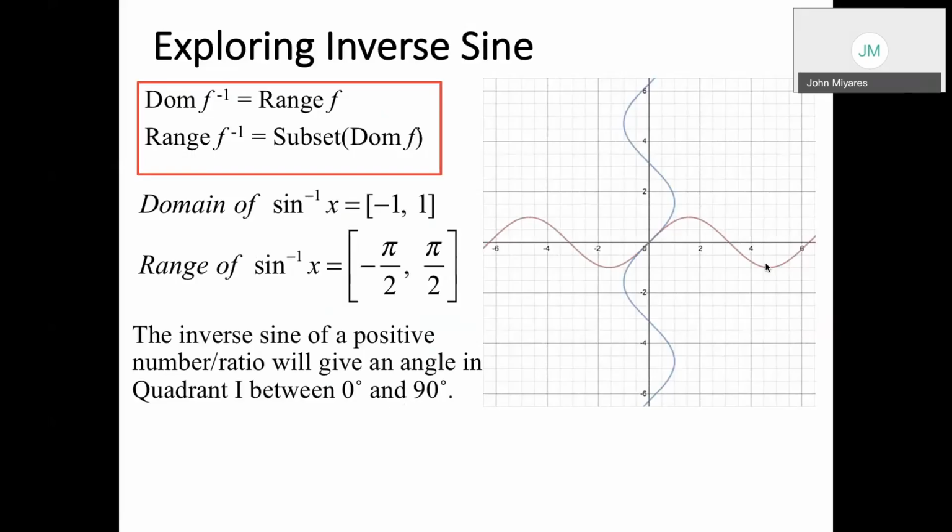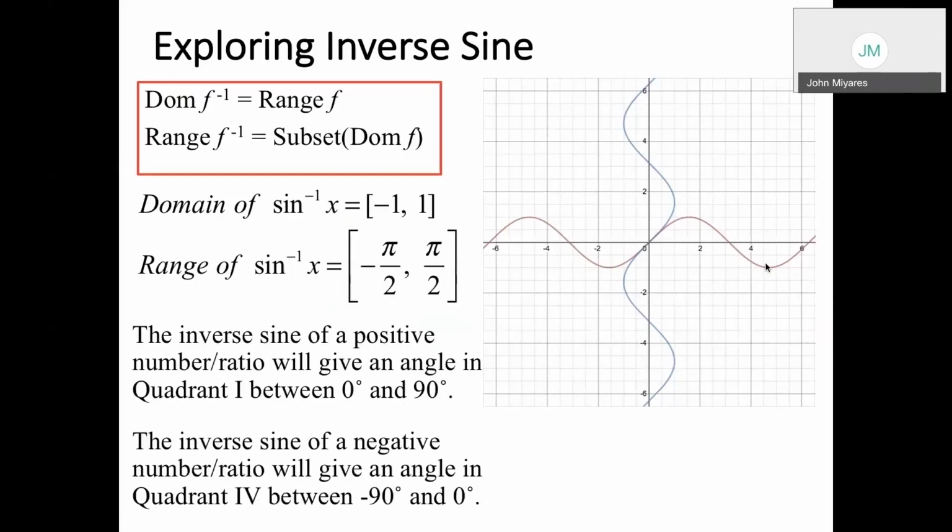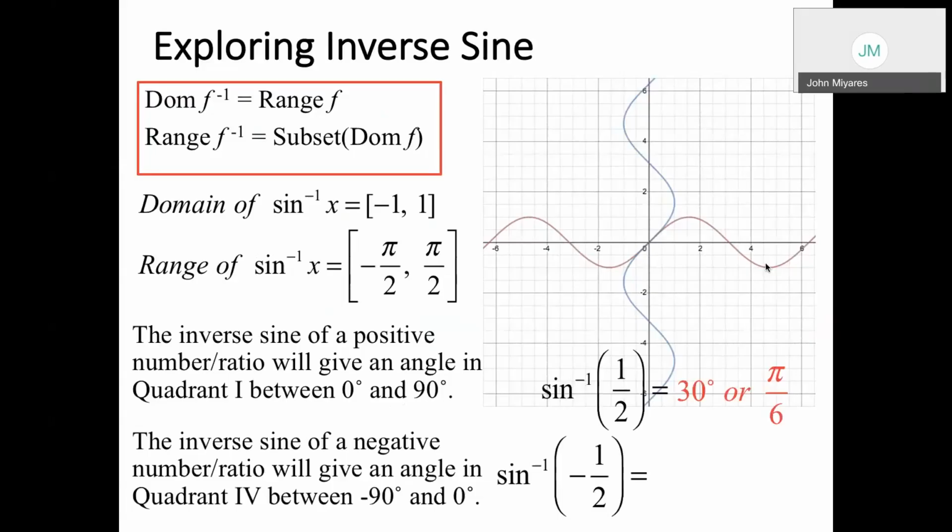But when you take the inverse sine of a negative number or a negative ratio, you will get an angle between -90 and 0 degrees, or between -pi/2 and 0 radians. This is why when you take the inverse sine of 1/2, you get 30 degrees, or pi/6. And when you take the inverse sine of -1/2, you get -30 degrees, or -pi/6 radians.